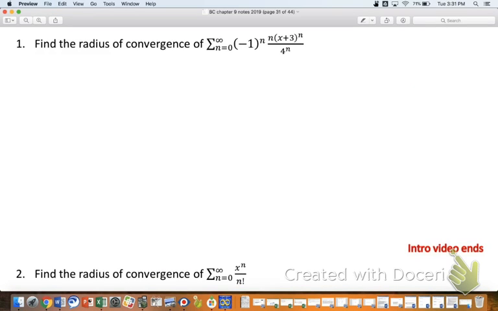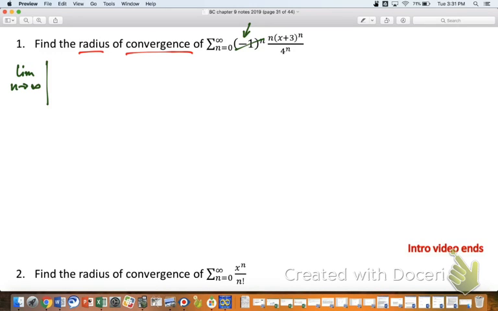All right, so we're going to do an example here. This example asks us to find the radius of convergence for this particular series. As I mentioned earlier, we're going to use the ratio test to help us with this. So I'm going to set up my ratio. The limit as n heads towards infinity of, as you remember from before, the absolute value. Because we're talking about the absolute value, the alternating element is not going to really matter for us here.